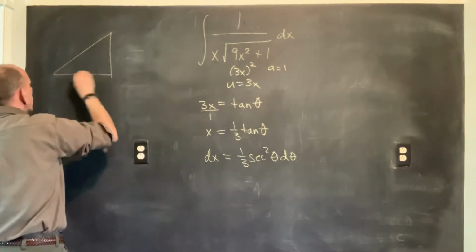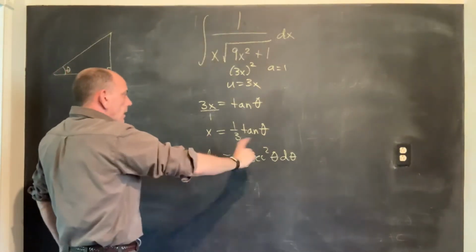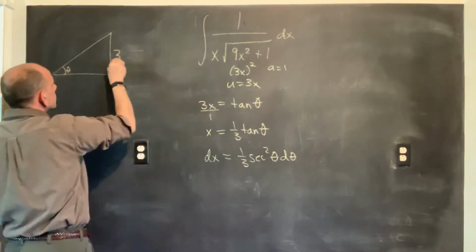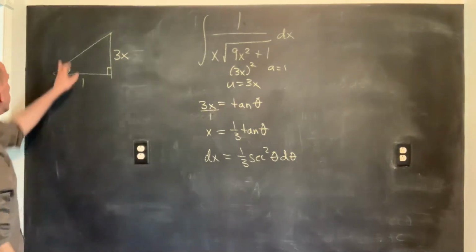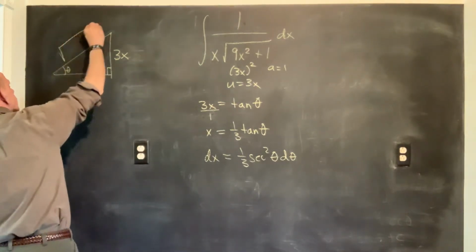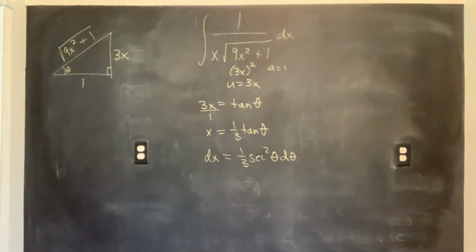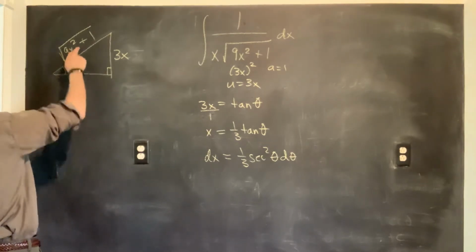There's my theta. Let's see, the tangent of theta, the opposite is 3x. The adjacent is 1, which means this side has got to be the square root of 9x squared plus 1 by the Pythagorean theorem. Now I'm going to use the adjacent and the hypotenuse.